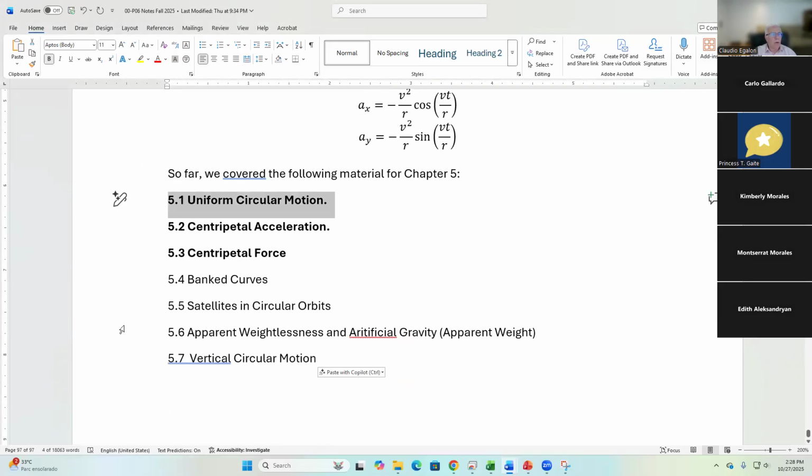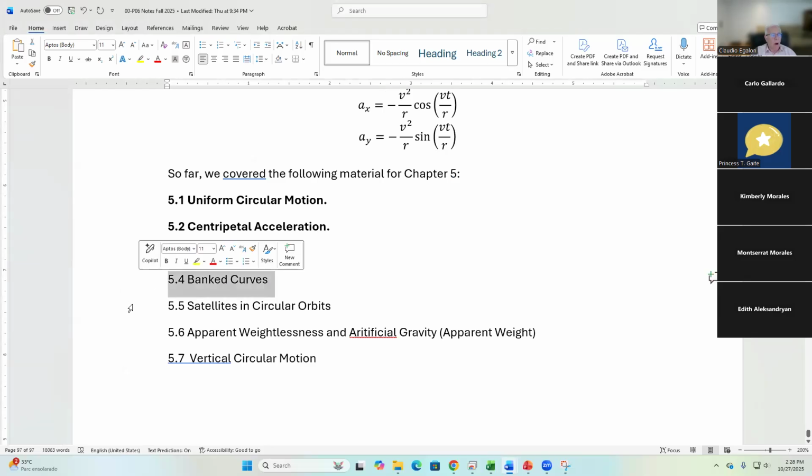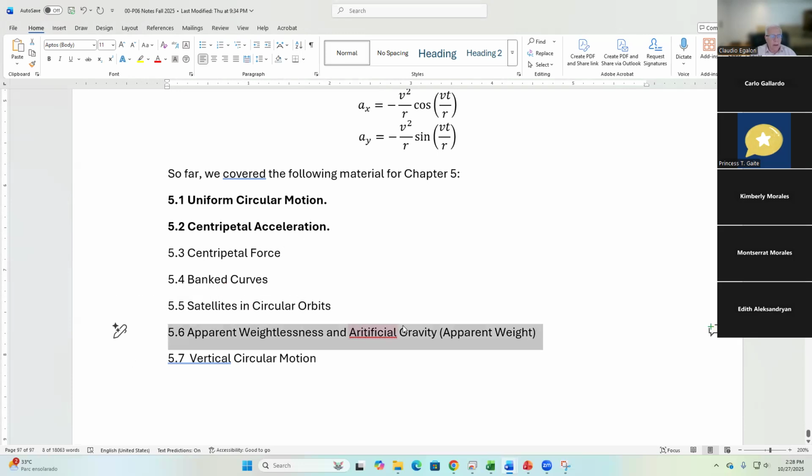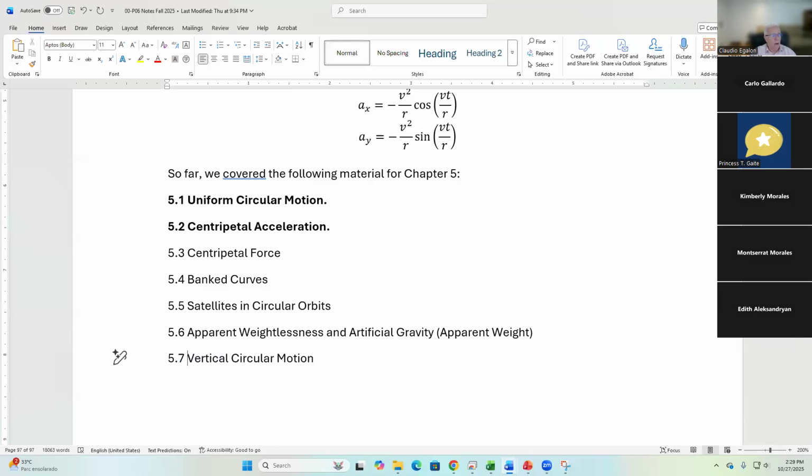Uniform circular motion, centripetal acceleration. Now we are going to look at the centripetal force. Then you're going to solve some problems with banked curves, satellites in circular orbit, apparent weightlessness, artificial gravity, apparent weight, and vertical circular motion as well.